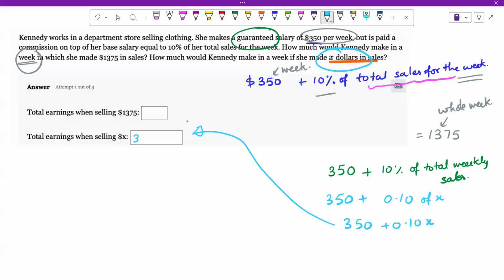Now instead of X, what they are saying is that the selling is 1375. So in place of X, there is 1375.